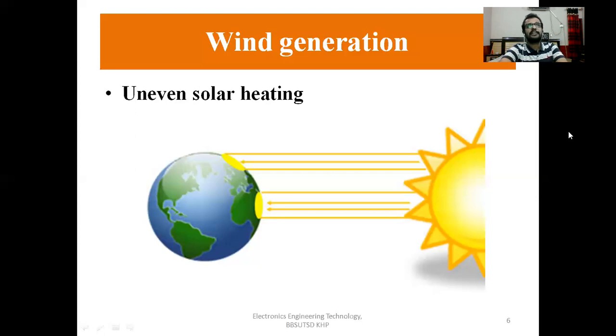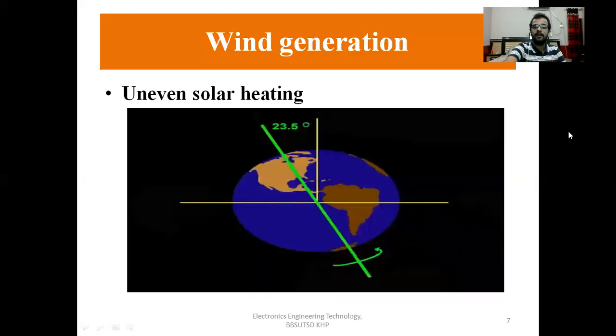Second is the earth's self-rotation. Now the earth rotates itself. The earth's self-rotating axis has a tilt of about 23.5 degrees with respect to its ecliptic plane.